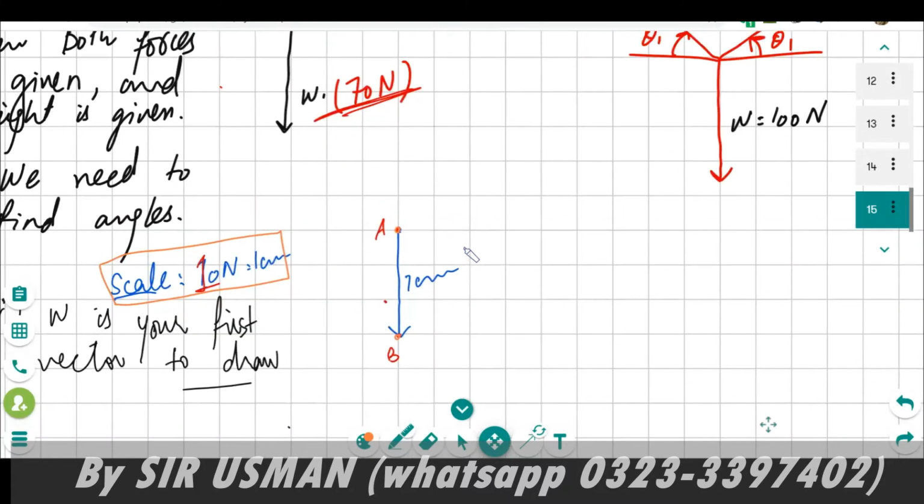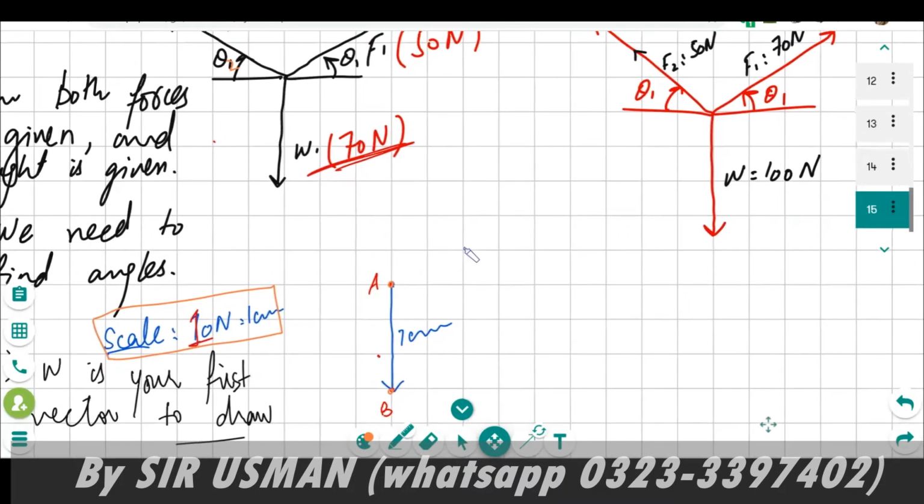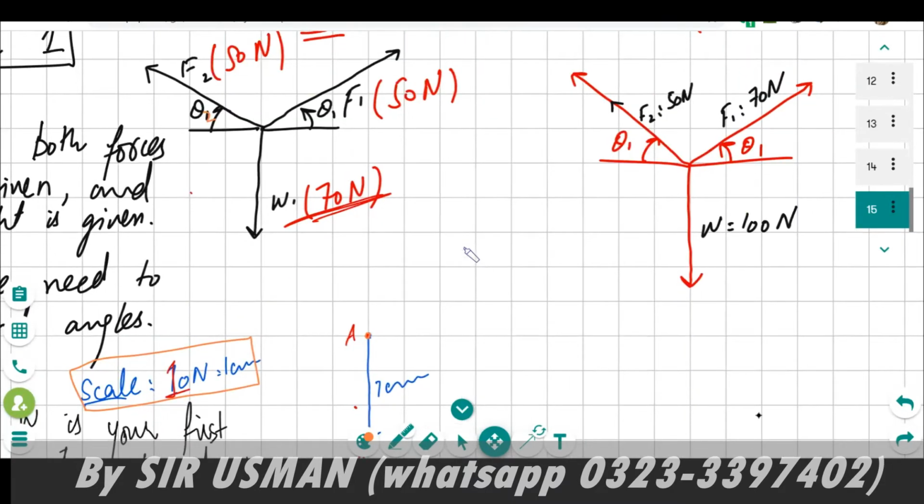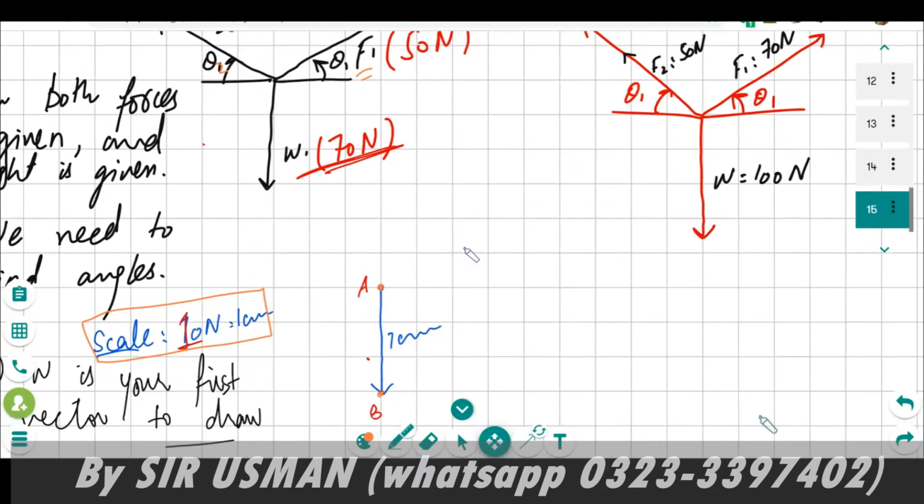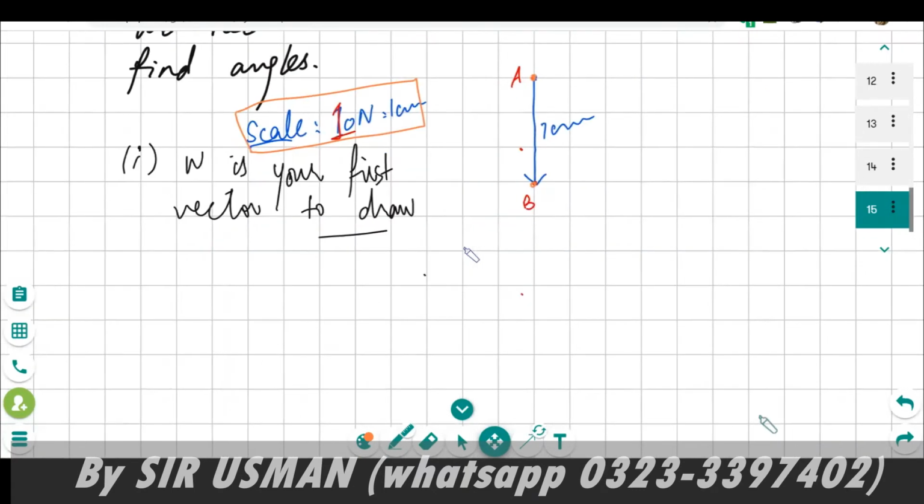So I am just explaining all the possible ways we have. So we have drawn the weight. Now we have point A and point B. So let's say we draw at point A the force 1, right? We are going to draw force 1 at point A, and at point B we are taking force 2. It can be in any way.